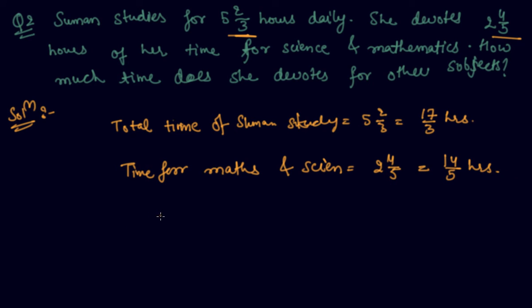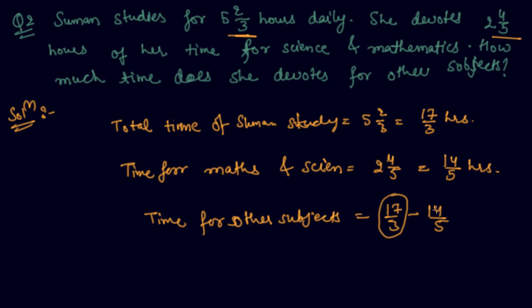The question asks how much time she devotes to other subjects. Time for other subjects would be 17 by 3 minus 14 by 5, because 17 by 3 was the total time she was devoting to studies and 14 by 5 is the total time she is devoting to maths and science.